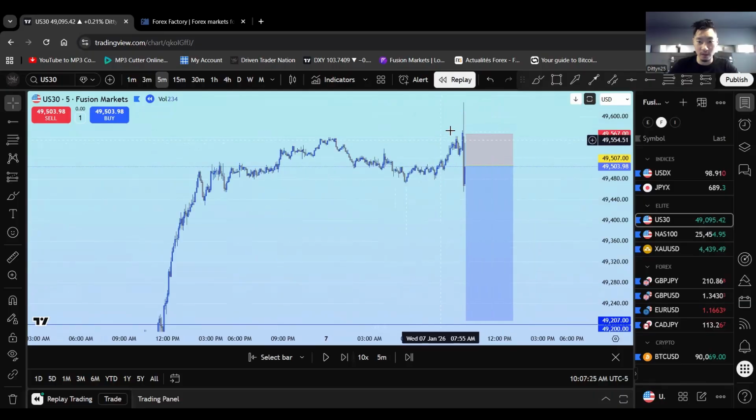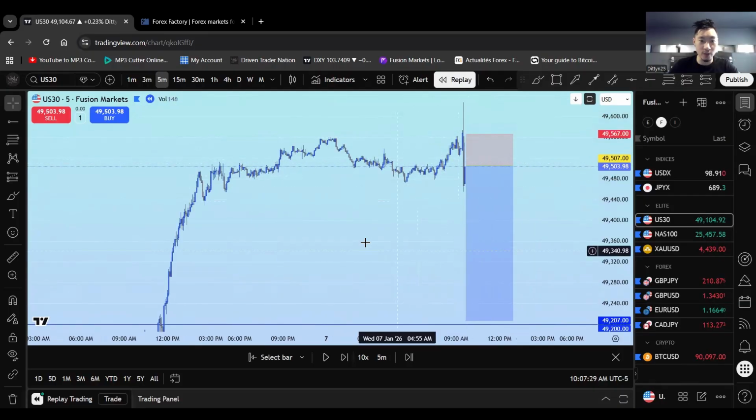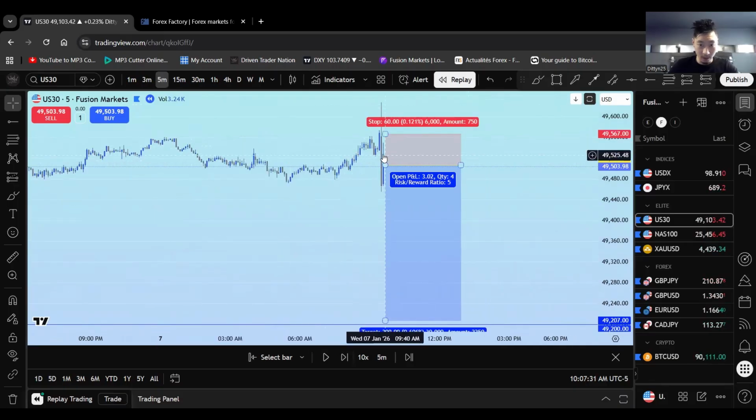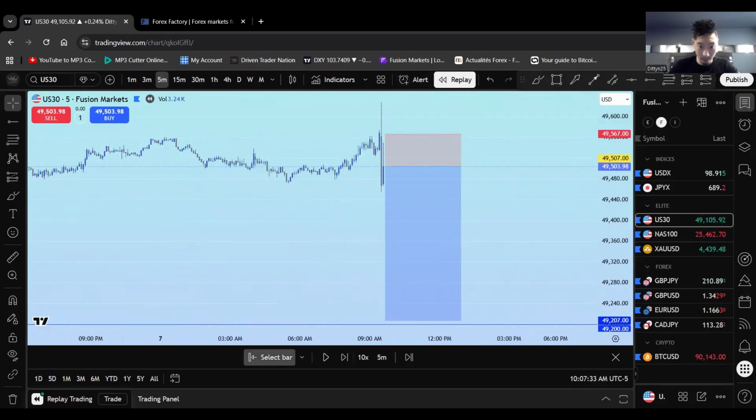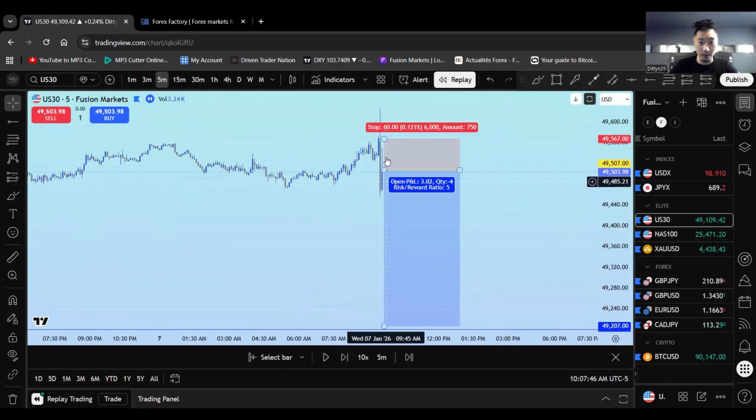Grab of liquidity, nice closure, drop. I was looking for that retest. And if you look at the M5, you can see here, right? You see, drop, the momentum, it's going to the downside. We have that nice imbalance here that's been fulfilled right there.